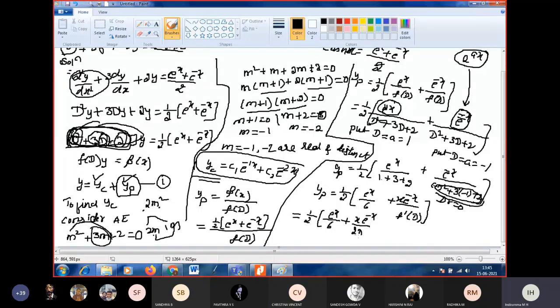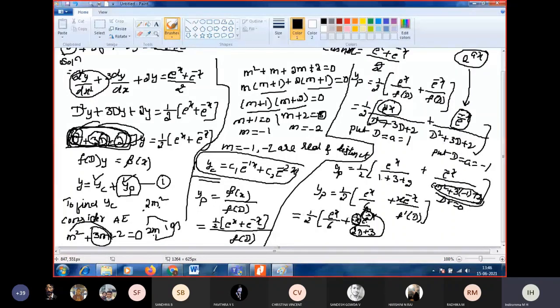Actually, for the next step, you don't consider x. X is what we multiplied. This is an extra term, we should keep it out. Now we have to simplify this. It is like e power ax by f of d, type 1. So what is a here? Minus 1 only. Don't consider x for the further simplification, x should be as it is.